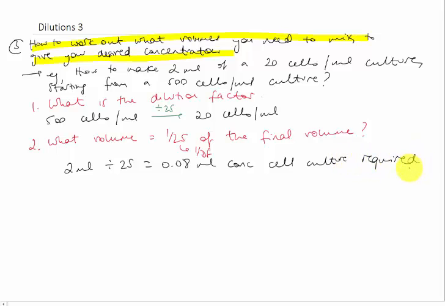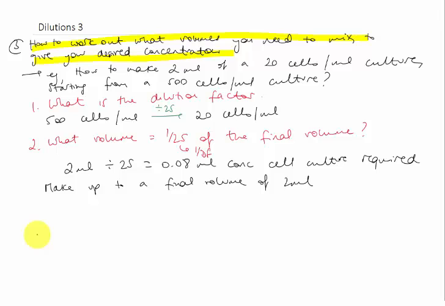And then we mix that with water, so we make up to a final volume of 2 milliliters. We can work out roughly how much that would be, but in real life you wouldn't just add that volume, you would make up and measure that it ended up at exactly 2 milliliters.